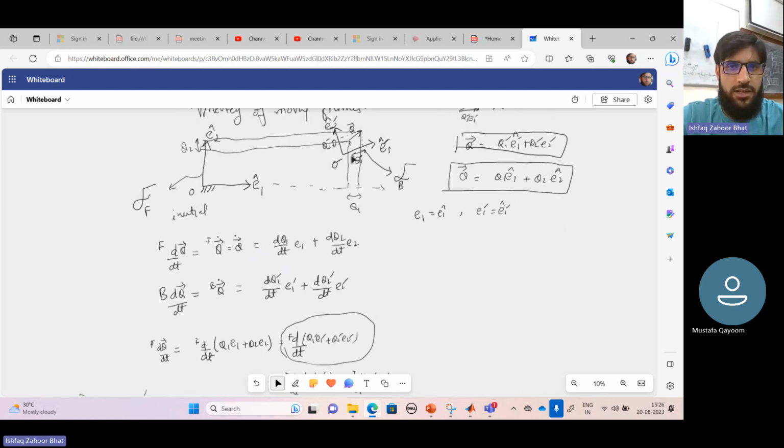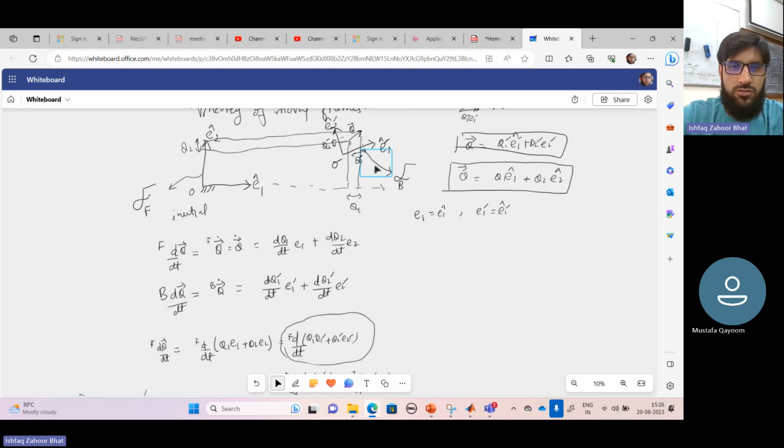And then we discussed how we can find the derivative of this Q with respect to the fixed frame, because generally what we will be doing is applying Newton's law, that is the linear momentum balance equation and the angular momentum balance equation, in the fixed frame or the inertial frame.